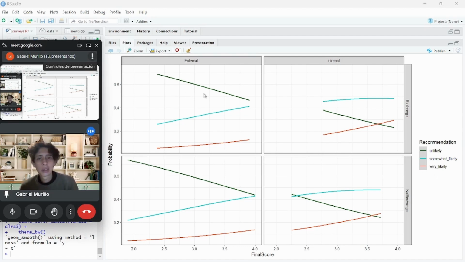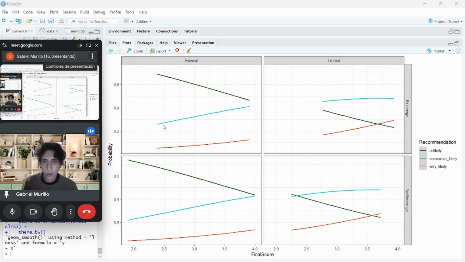So we see that the tendencies are that unlikely is dropping down, its probability against the final scores, external against exchange, external against exchange, and so on.